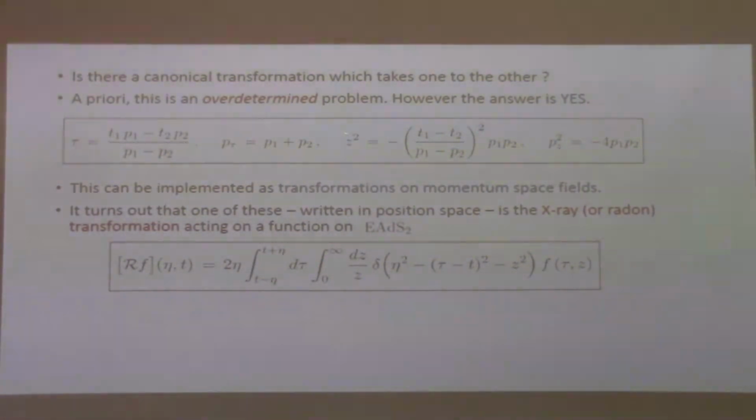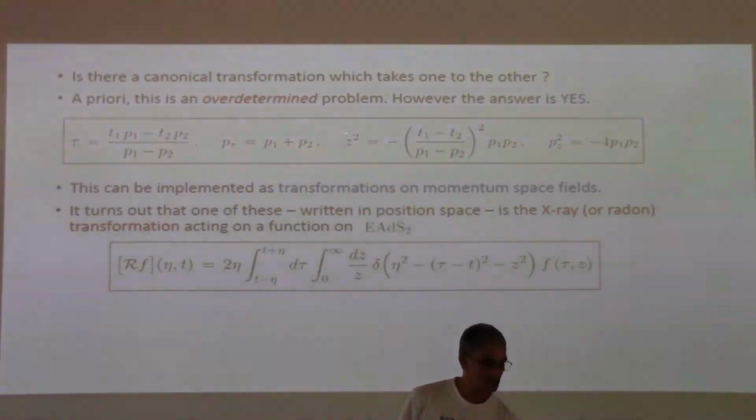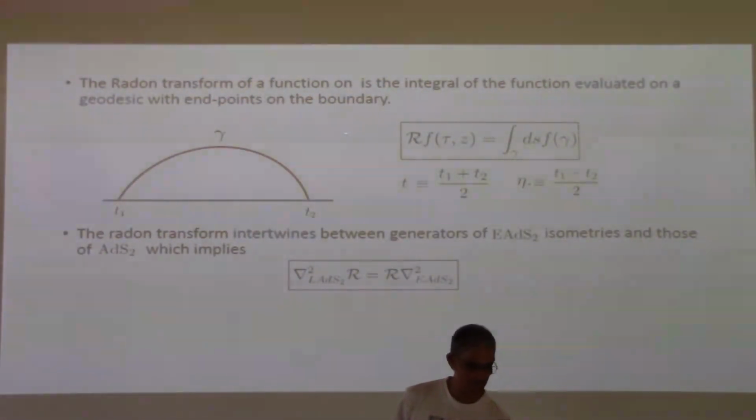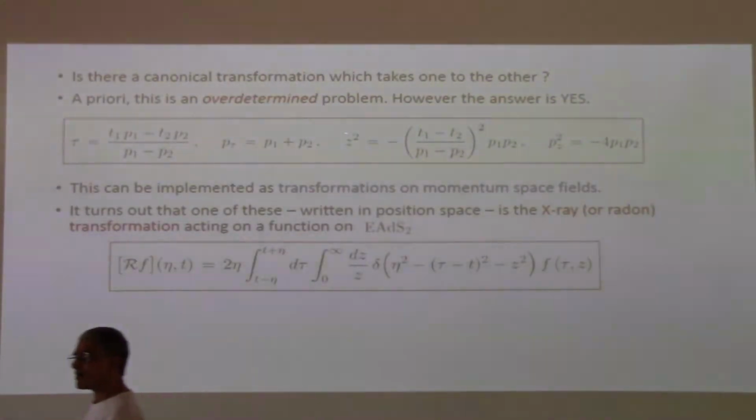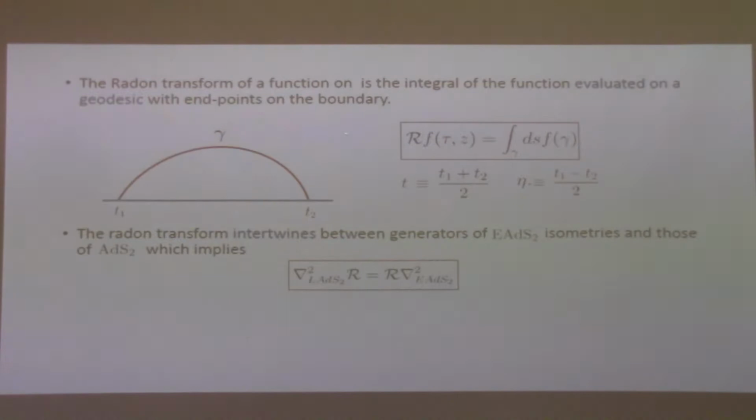Rewritten in terms of position space fields, it turns out to be something which is very familiar. It's a Radon transformation. Let me remind you what a Radon transformation is in this particular context. Consider a function on the Euclidean upper half plane, which is Euclidean AdS2, if you like, and 2 points which are labeled by T1 and T2, which are on the boundary.